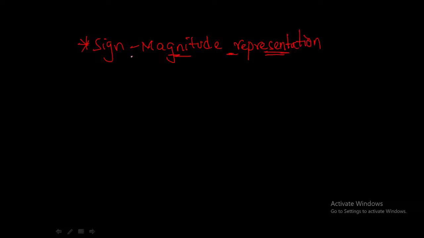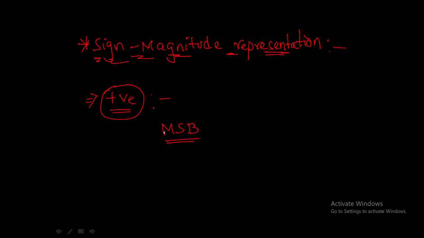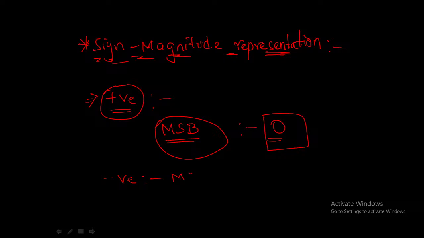In sign magnitude representation, for positive numbers the MSB bit is 0, whereas for negative numbers the MSB bit is 1.